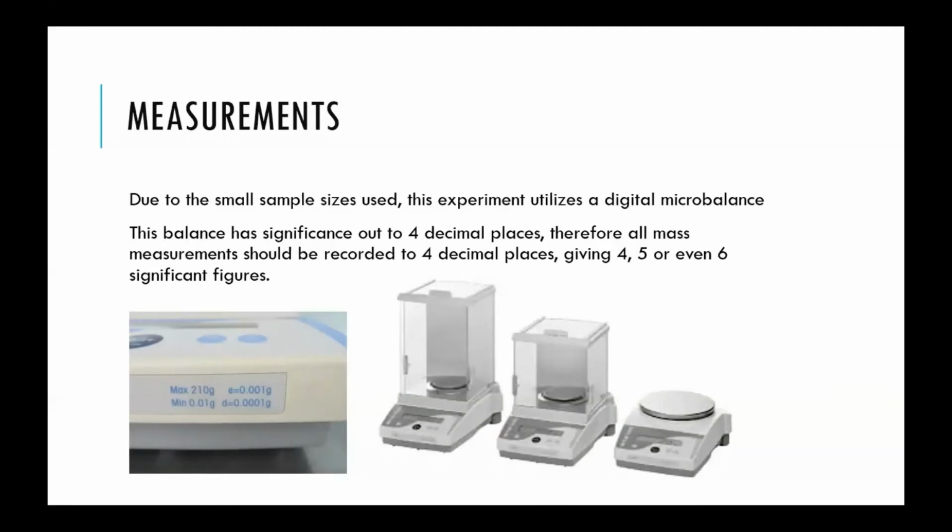There are more advanced and expensive digital balances that can read either 5 or even 6 decimal places. But in this case, you're going to be recording the values out to 4 decimal places.